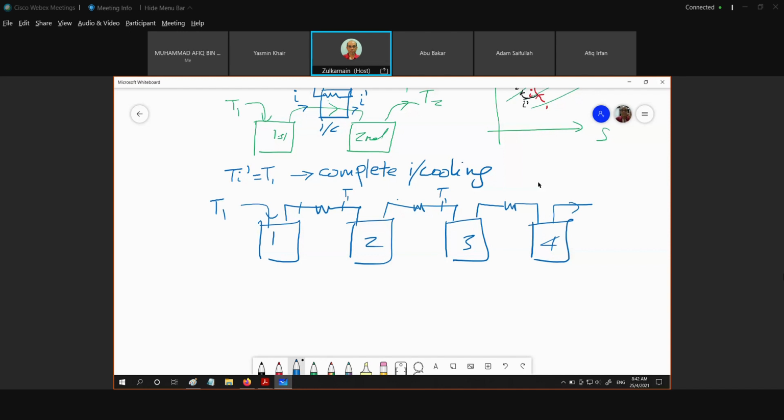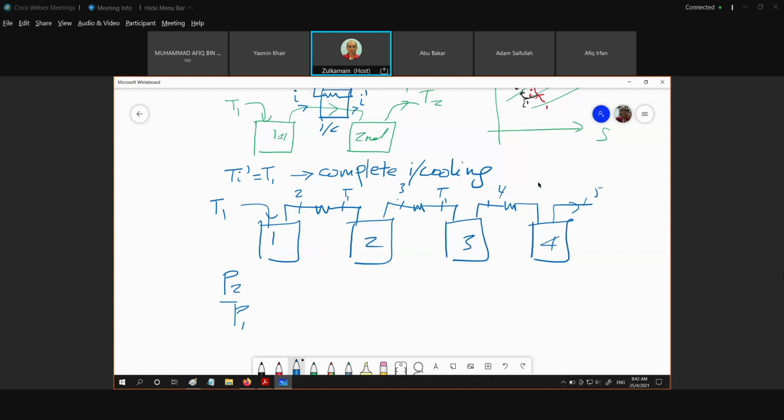Okay. Dan kalau kita katakan di sini adalah kita punya pressure yang kita hantar. Bila kita katakan dia sebagai same pressure ratio, the pressure ratio P2 per P1 ni, kalau sini 1, sini 2, masuk 2, sini 3, masuk 3, keluar 4, sini 4, masuk keluar sini 5.